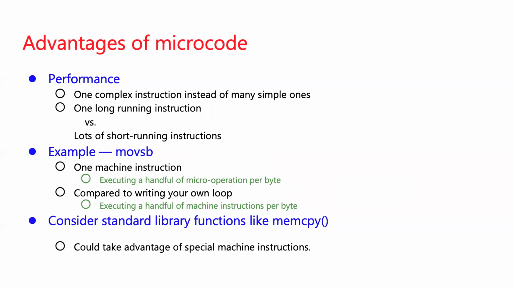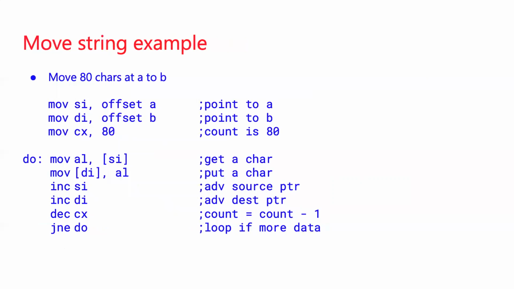And this could be a reason to favor using something like memcopy rather than doing that yourself in a loop, because you don't know how memcopy is implemented, but whoever implemented it probably knew to take advantage of machine instructions like this. And on a system that might have a special purpose instruction for copying big blocks of memory, letting a single instruction do that could be better than what you could get, even if the compiler tried to write optimized code for doing this copy.